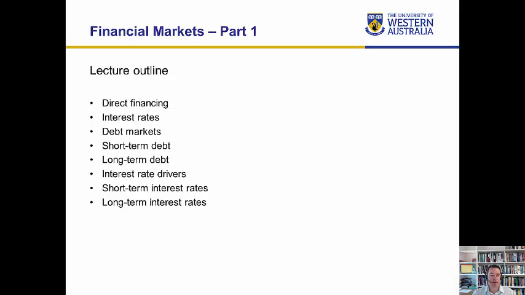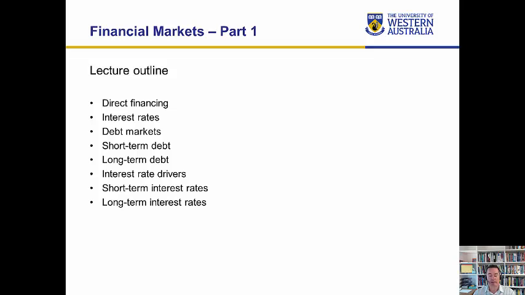So in this topic we're looking at things such as interest rates and debt markets, short-term debt, long-term debt, and short and long-term interest rates. Now, the debt markets that we are looking at here are known as wholesale debt markets, not retail debt markets.